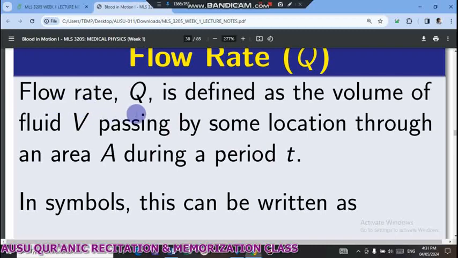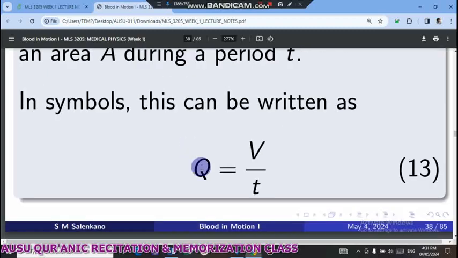That is why they say flow rate Q is defined as the volume V of fluid passing by some location through an area A during a period T. In symbols, Q is equal to V upon T.